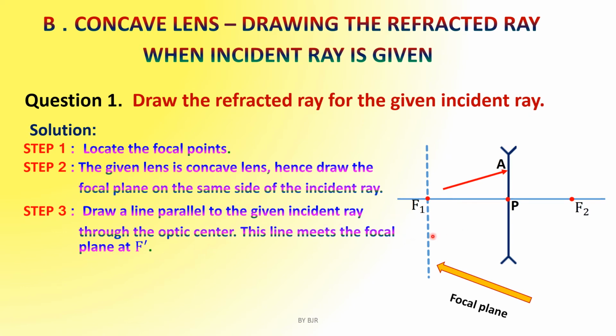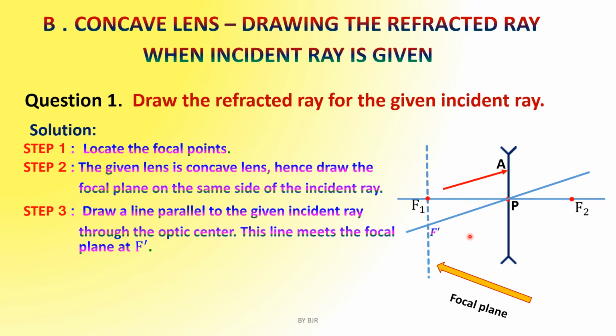See here. This is the incident ray. I draw a line like this. The parallel line passing through the optic center, and this line meets the focal plane at F dash here. This point is F dash. That's all.